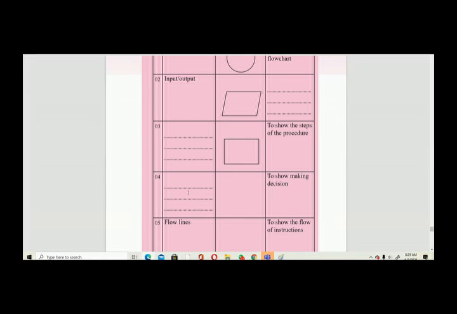In order to make a decision, we use this. So here you can write decision making.